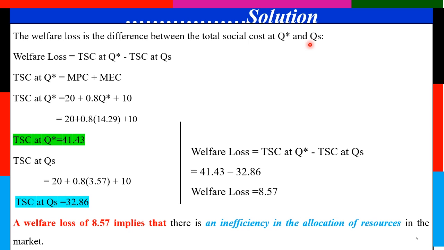Welfare loss, you can find the total social cost at market equilibrium minus the total social cost at optimum level of output.